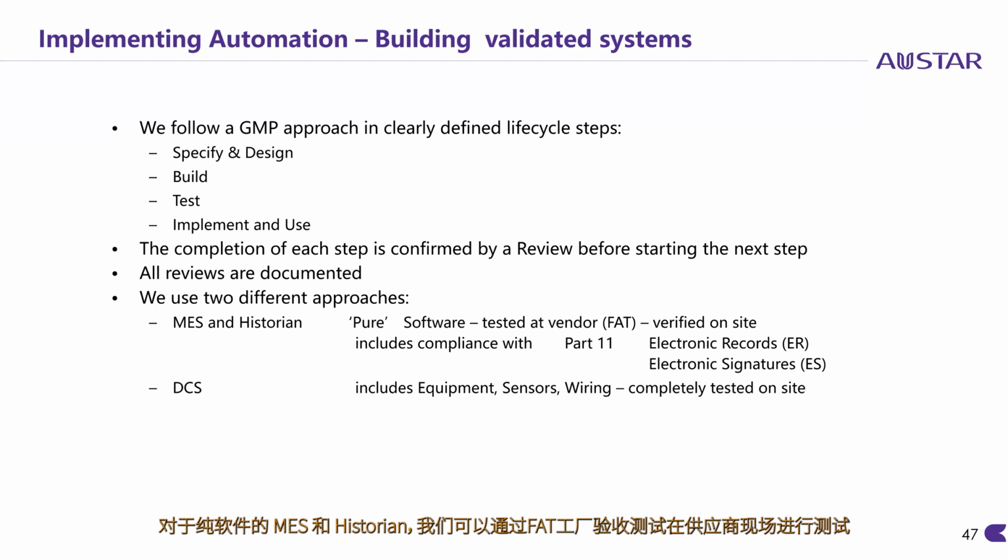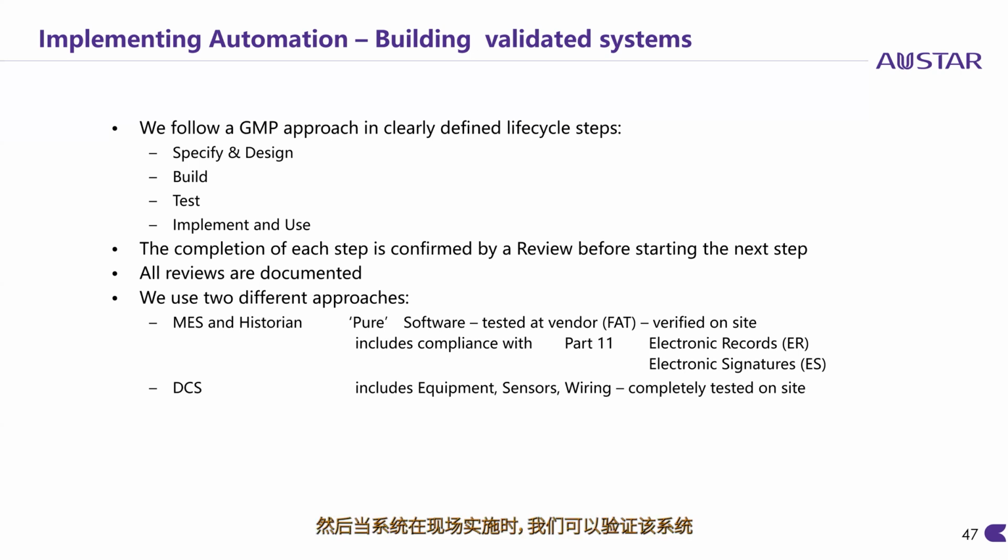And to do this, we use two different approaches. For MES and Historian, which are, let's say, pure software, we can test this at the vendor site with a FAT, factory acceptance test. And then we can verify the system when it's implemented on site.